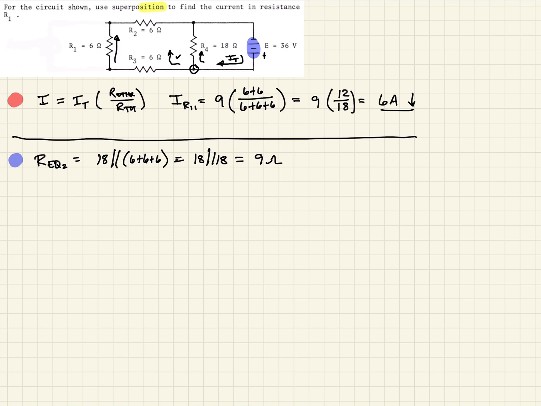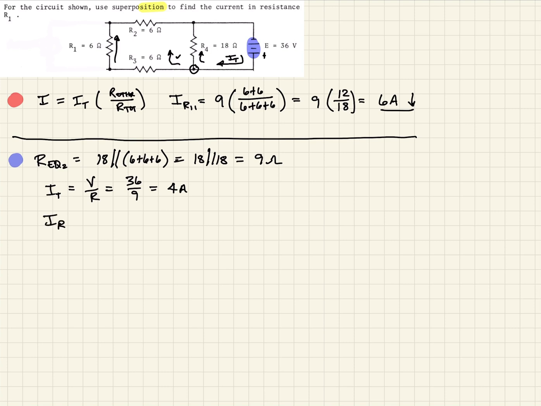The equivalent resistance here would be 9 ohms. That means the total current is going to be our voltage over our resistance. That's just Ohm's law. So that's 36 over 9, which is going to be 4 amps.